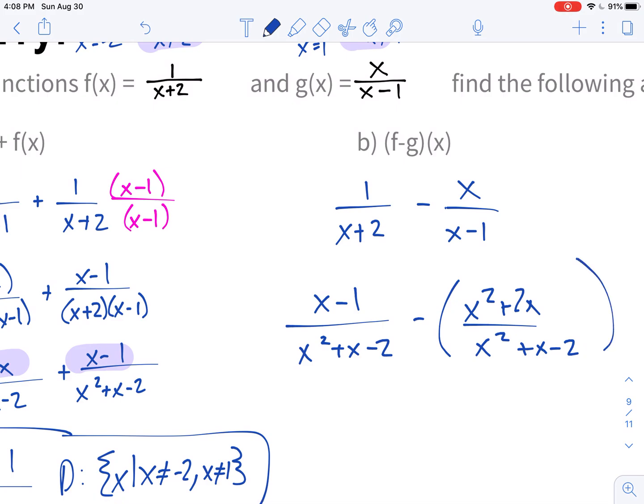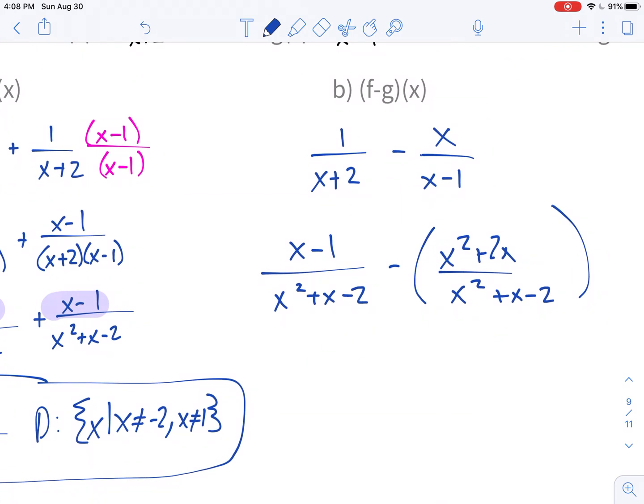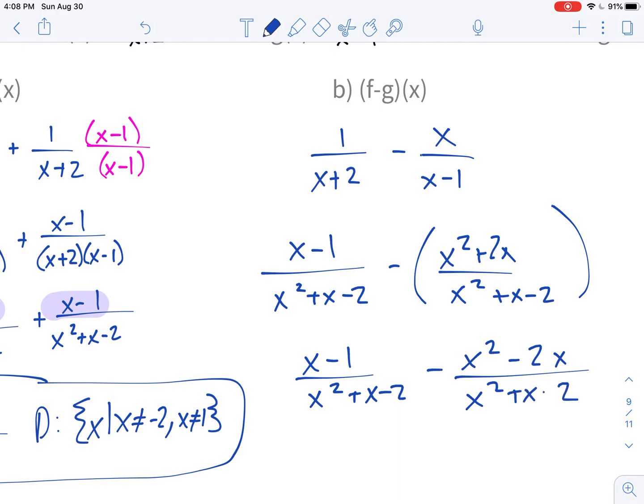Now, this negative only gets distributed to the numerator when I subtract, so I end up with x minus 1 over x squared plus x minus 2 minus x squared minus 2x all over x squared plus x minus 2.